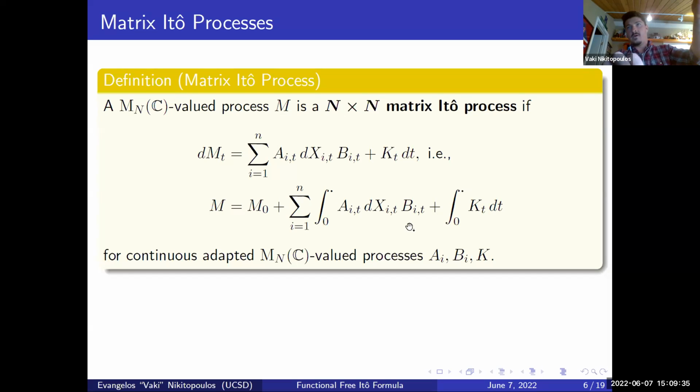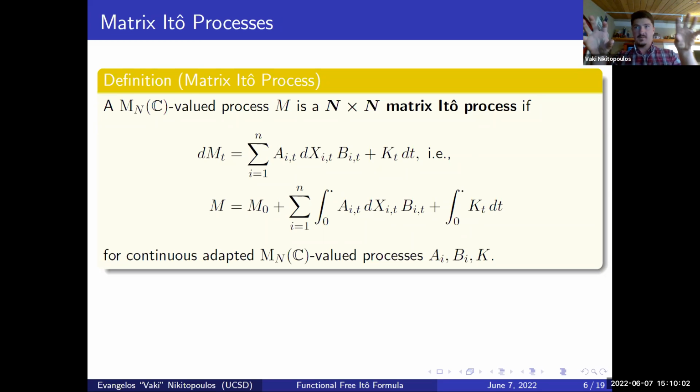I told you before when we started that we're allowed to integrate processes with values in linear maps. So here, you should view this as the stochastic integral against this Brownian motion of the linear map valued process that at time t takes a matrix C and returns A_i(t) C B_i(t).